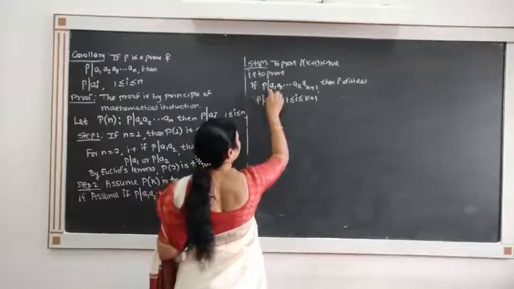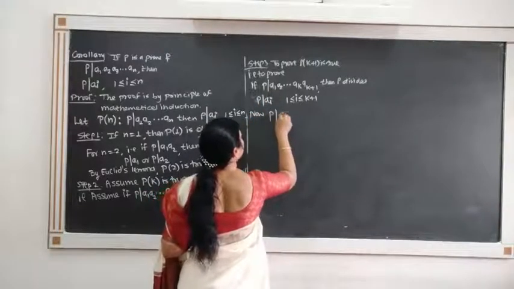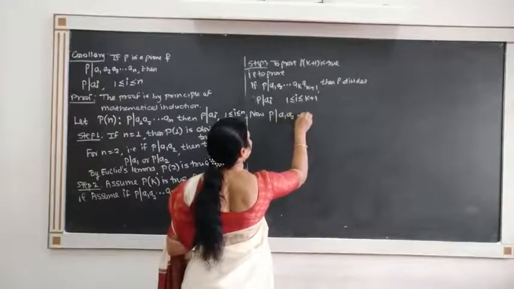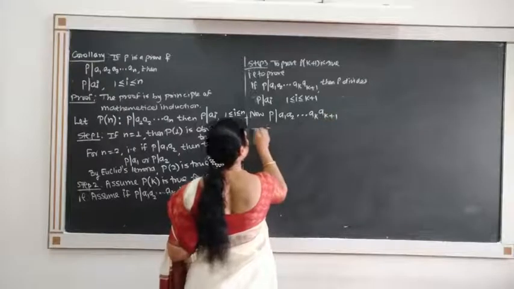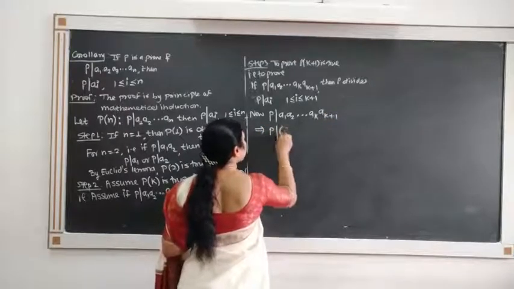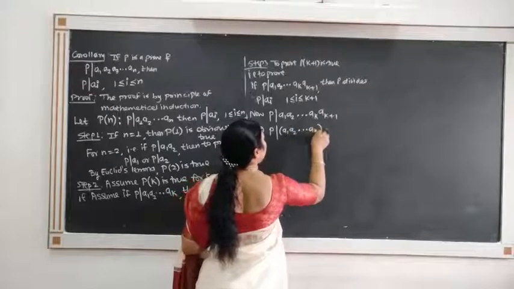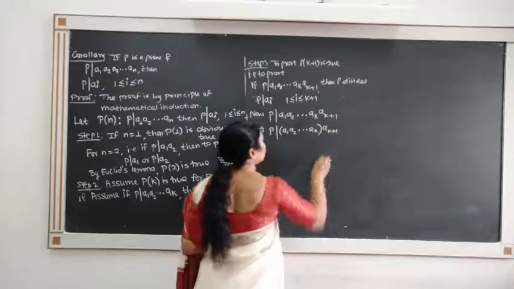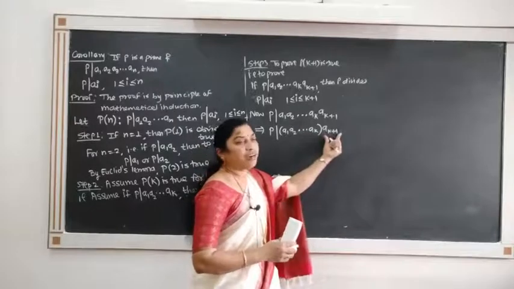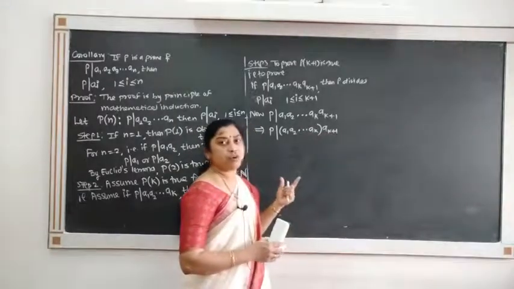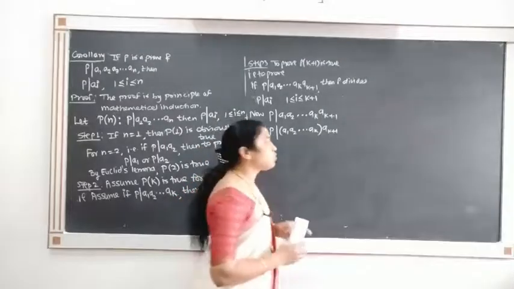So start with the given. P divides A1 into A2 etc. Ak into Ak plus 1. So this implies P divides A1 into A2 into Ak into Ak plus 1. We assume this as one number and this as the second number, and by Euclid's lemma we know that if P divides the product, P divides at least one of them.